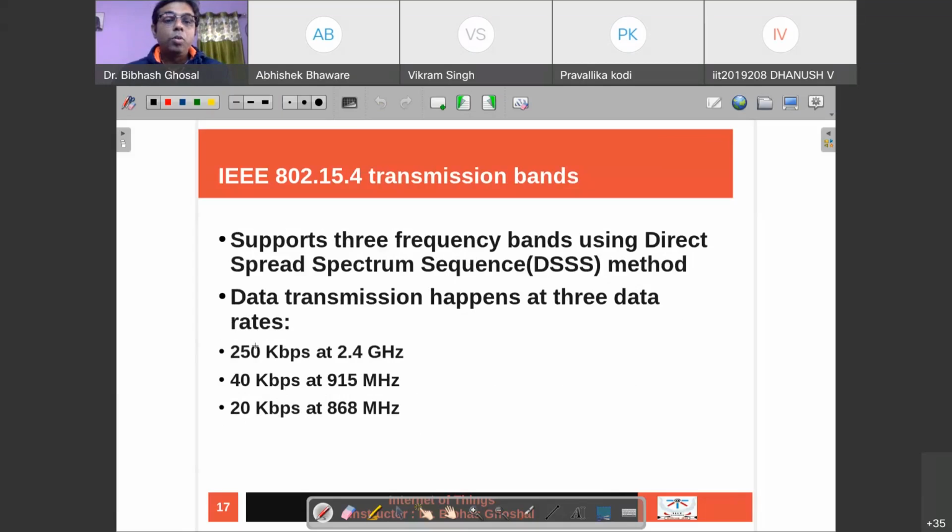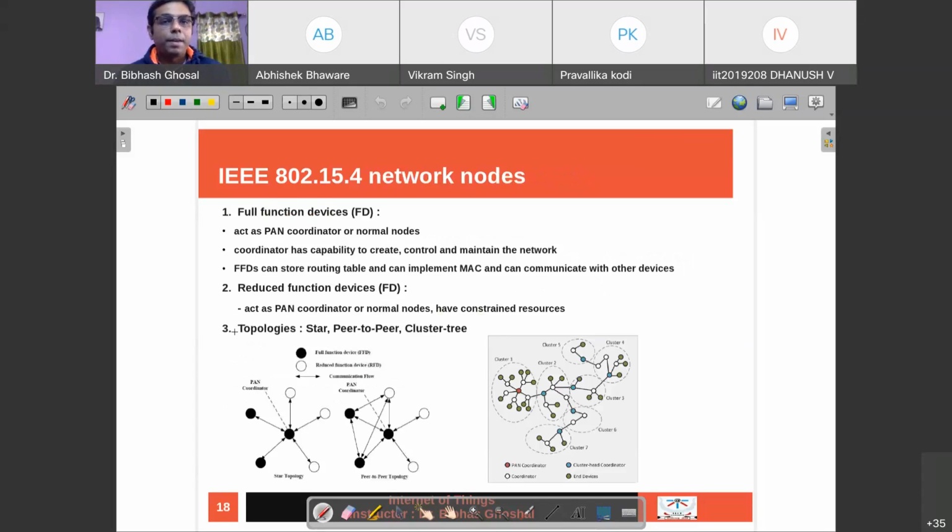But you can go as high as 250 kbps. It's okay for low range communication. Not so high, but 250 kbps at least, because you are not going to send too much data. You're only going to send some specific data, and also for a small range. So this data rate is okay. And this is at 2.4 gigahertz, so it's quite a high frequency.